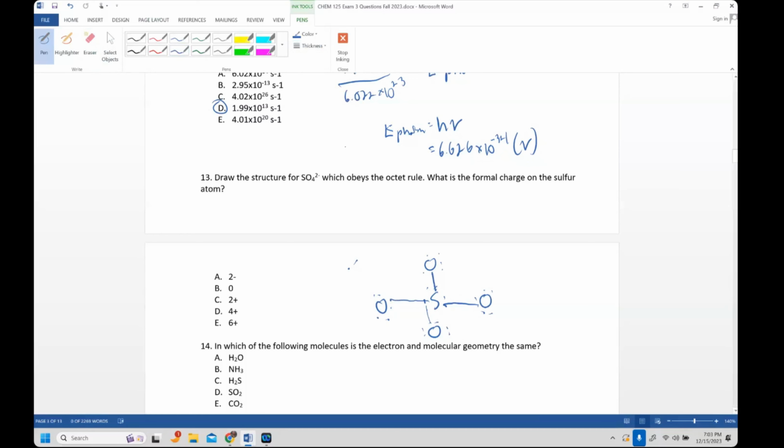And we have 2 more electrons out here. So to obey the octet rule, we can get rid of these 2 electrons. At this point, each oxygen actually has 7. So we can just place one of those electrons on each of the oxygens. So each one will have 8. Like that.